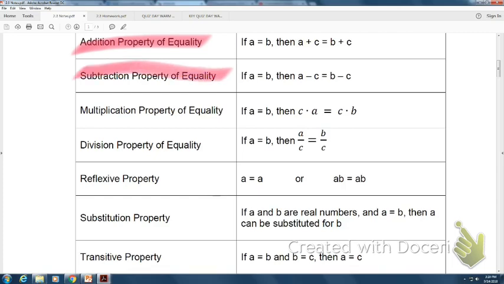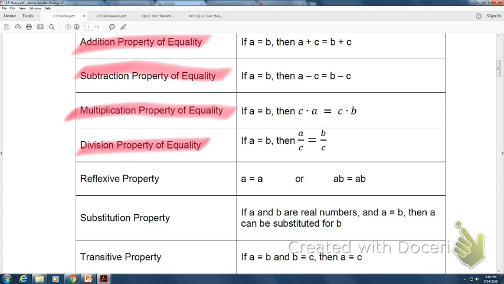It's very similar. If A equals B, then A minus C equals B minus C. Multiplication property of equality: if A equals B, then C times A equals C times B. Division property of equality: if A equals B, then A over C equals B over C.